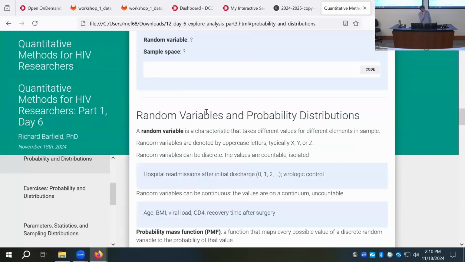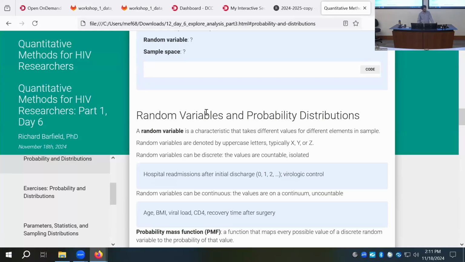All right. So again, a random variable is a characteristic that will take different values for different elements within a sample. We often denote them X, Y, or Z. They can be discrete, meaning countable or isolated. Some examples could be hospital readmissions after a discharge, which can technically take values 0 to infinity.